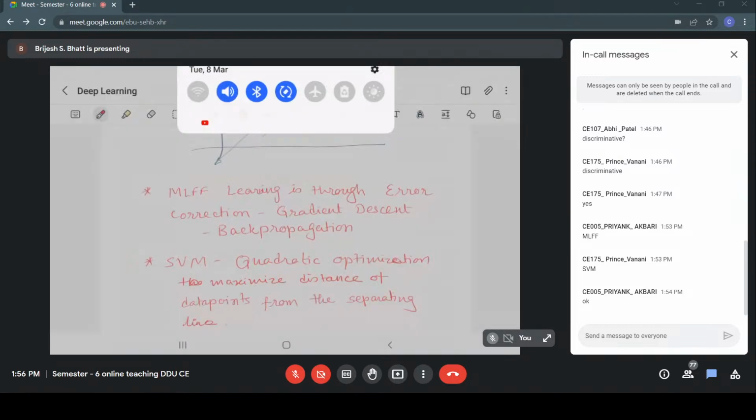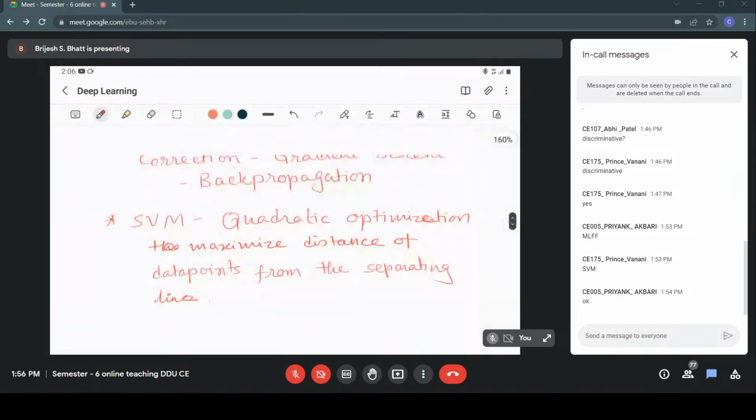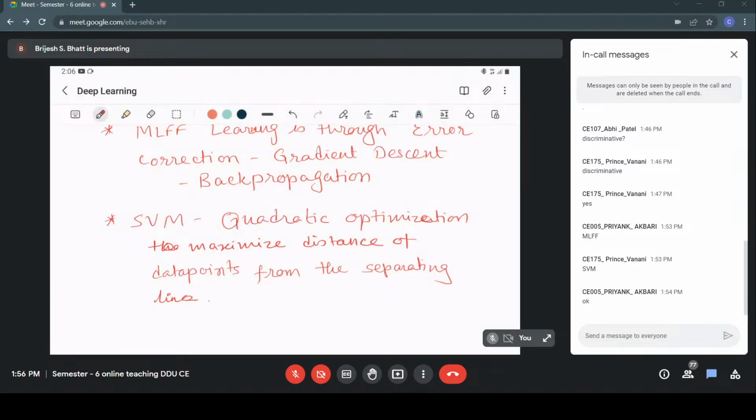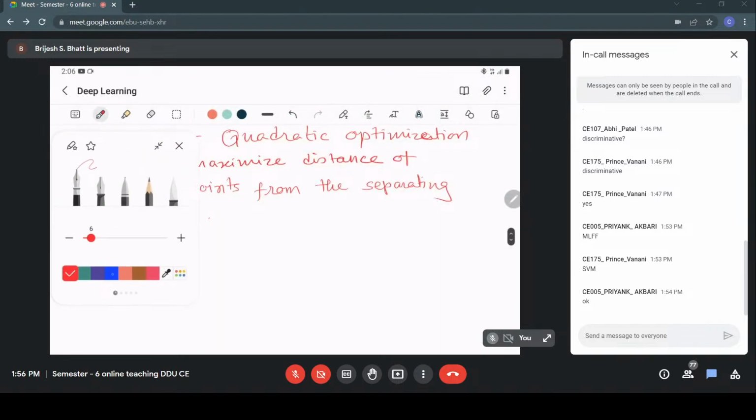And again, somewhere in the late 70s, the backpropagation algorithm was proposed. And this multi-layered network, which can learn any nonlinear function, became very popular. So that was the idea of the multi-layered feed-forward network.